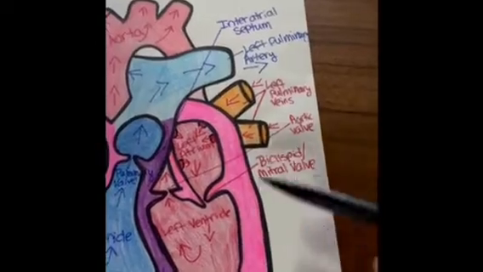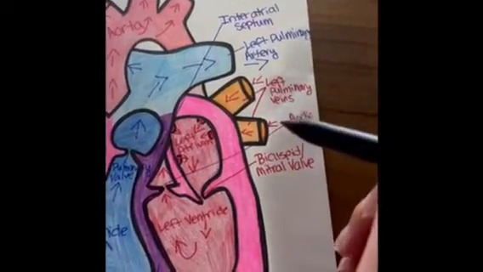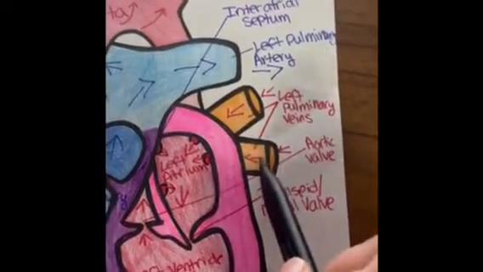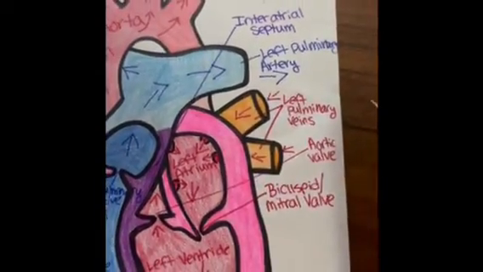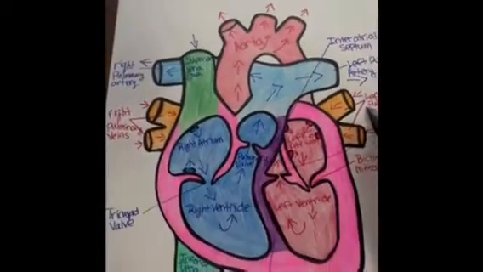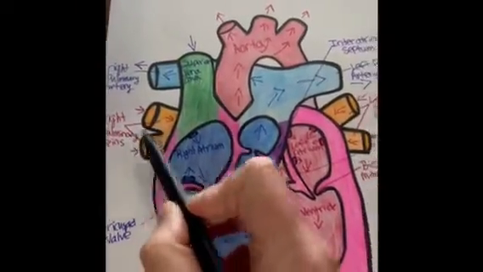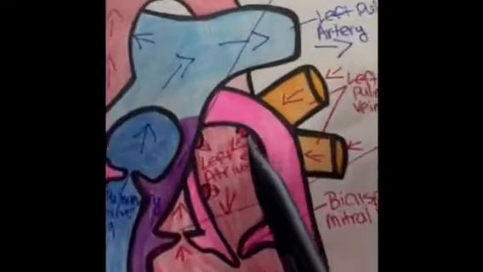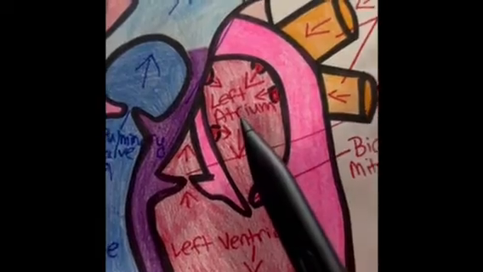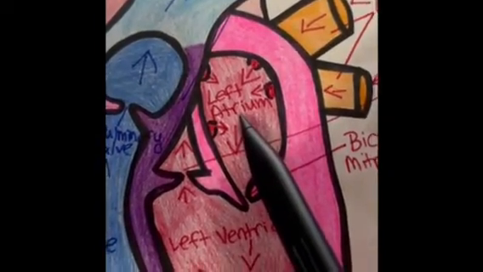The blood gets oxygenated again and leaves the lungs through the left pulmonary veins. Now, this will simultaneously happen on the right side. So both right and left pulmonary veins will lead the oxygenated blood into the left atrium.